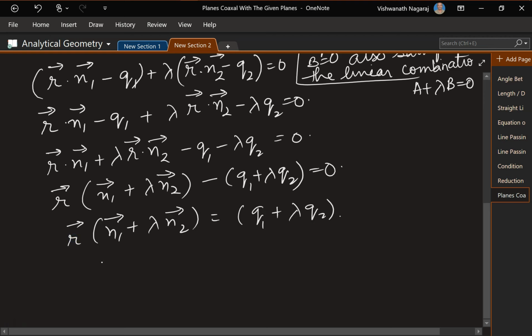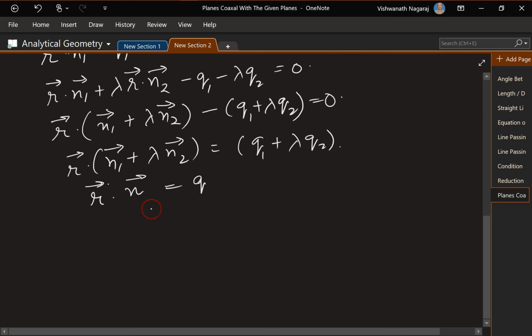So if you look carefully, this is vector r, and this we can write as vector n, is equal to, this we can write as q. This is nothing but the equation of a plane.